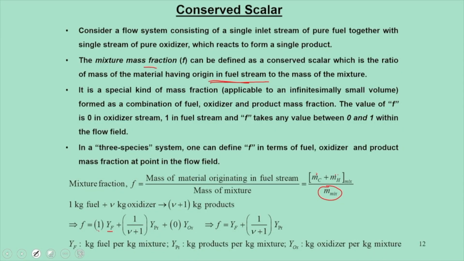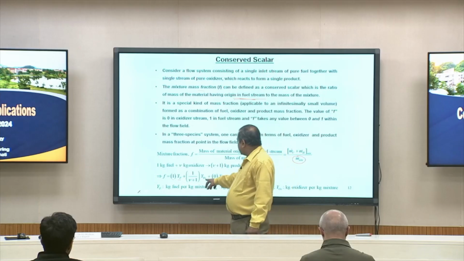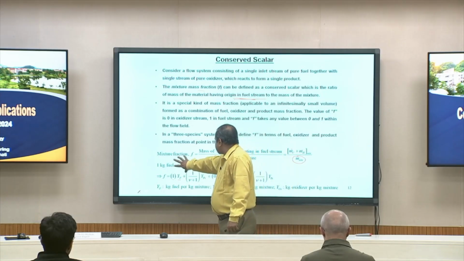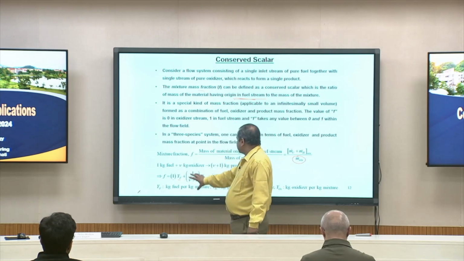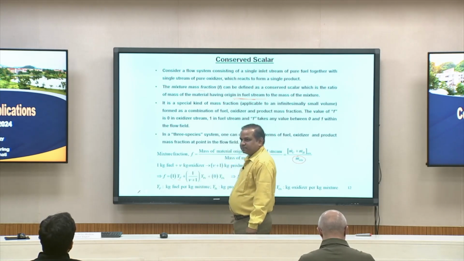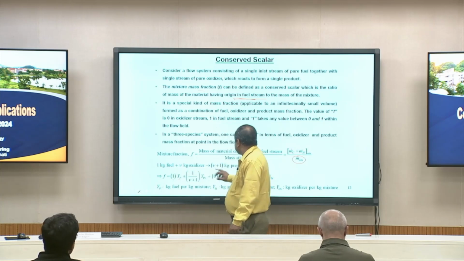For products it is 1 by mu plus 1, and for oxidizer this value is 0, because there is no carbon in the oxidizer. That is for reactants and products. So in this way, we can find the mixture fraction of this reaction.